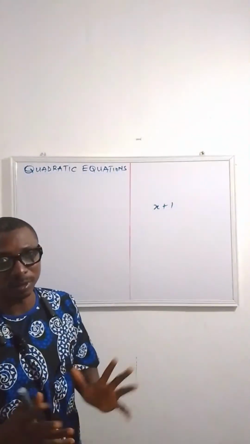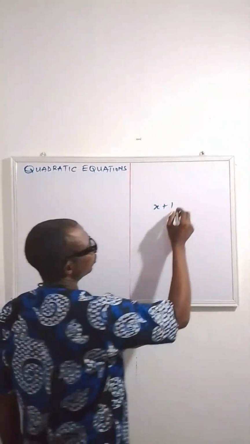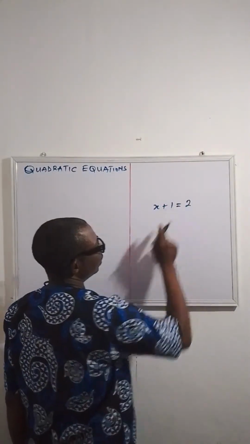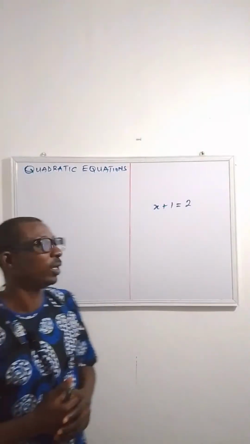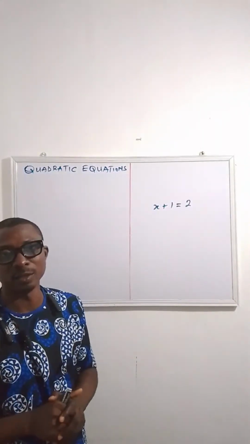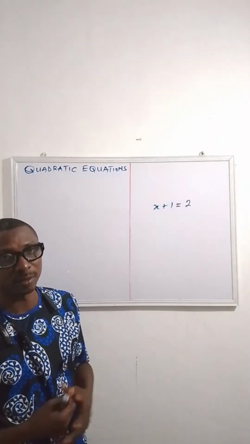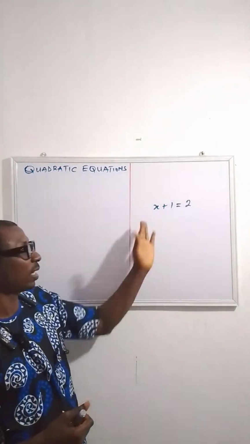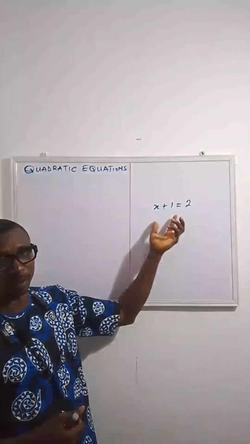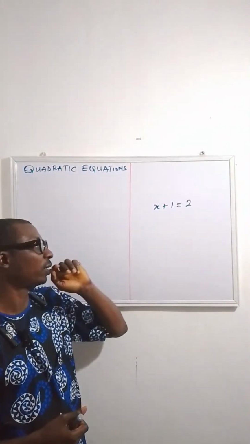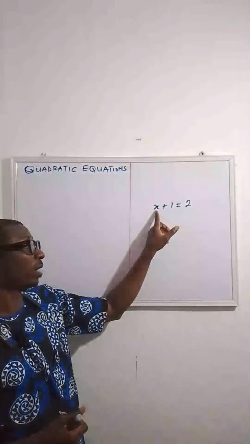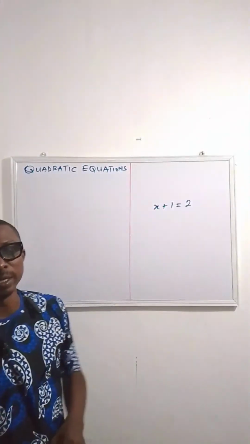Now if I introduce an equality sign, x plus 1 equals 2, this becomes a linear equation, because we are equating two parameters together. And the maximum power of the unknown, which is 1 here, makes it linear.